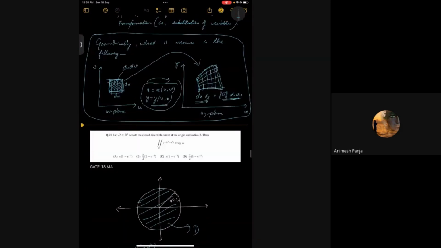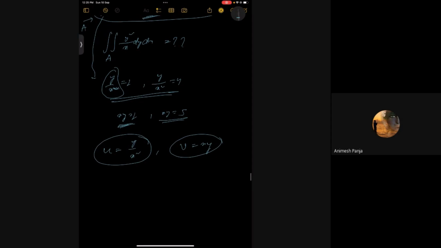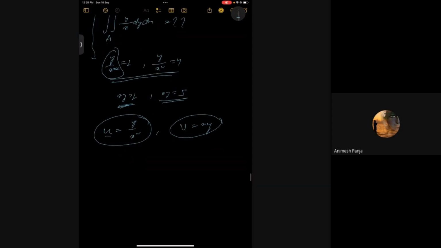But now it's not like this. It's slightly the opposite. U is a function of x, y, v is a function of x, y, it's the reverse way. So what we do is, let's just find the Jacobian of u and v with respect to x and y. So del u, del v, del x, del u, del y. Find the Jacobian, del u, del v, del x.